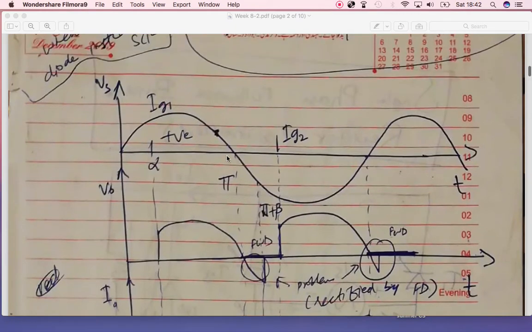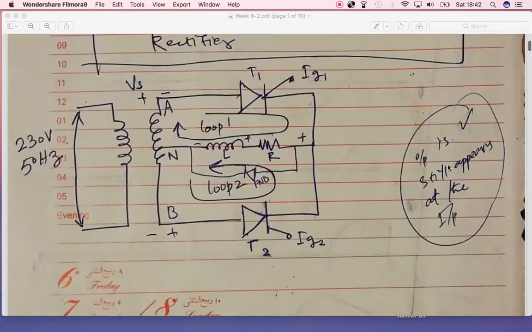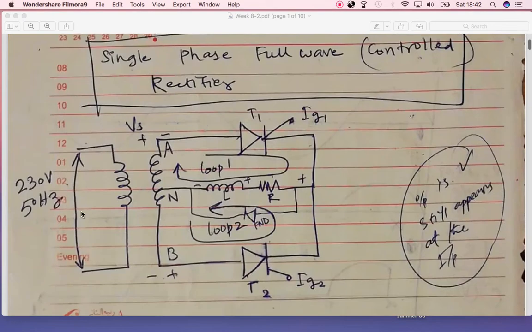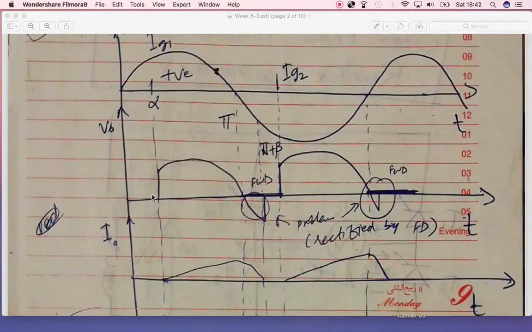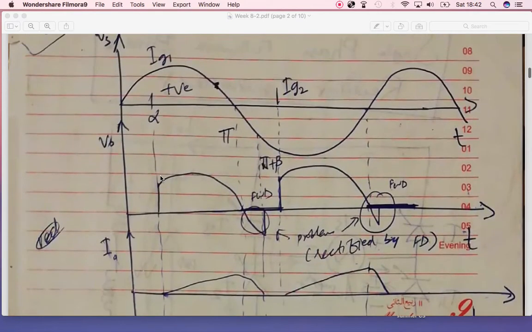If we can see that this is an AC signal which is coming at the input over here, then at the load, if we talk about the voltage appearing across the load, then during the positive half cycle, based on the firing angle of the thyristor, we have the conduction happening from alpha, which is the firing angle, towards pi, and this voltage is going in the reverse direction as well, which is damaging the circuit.